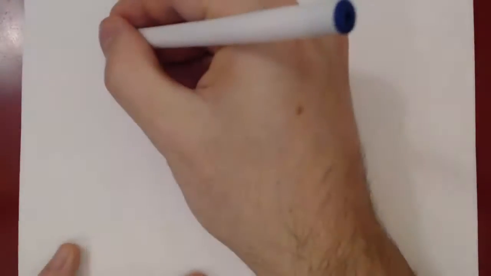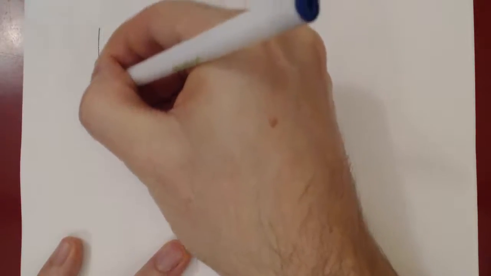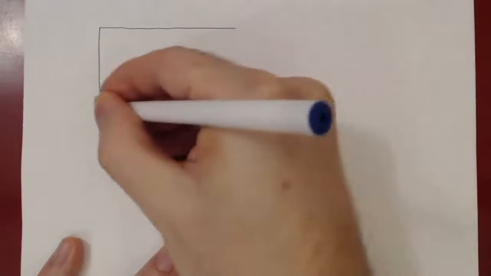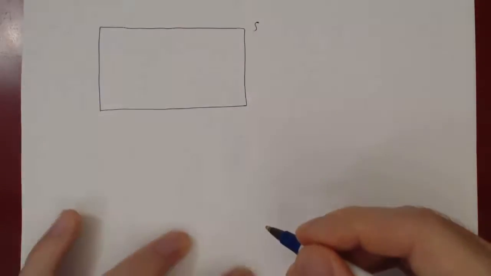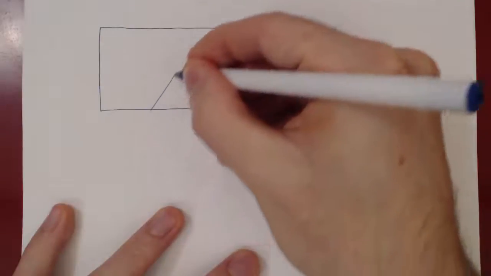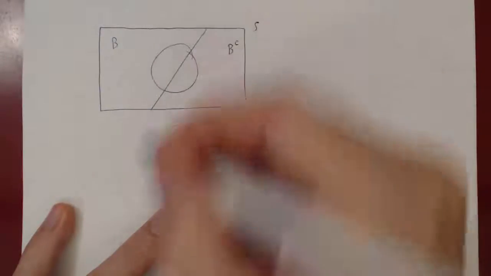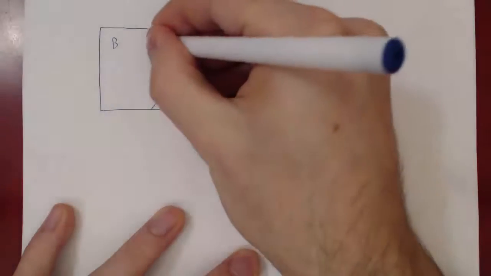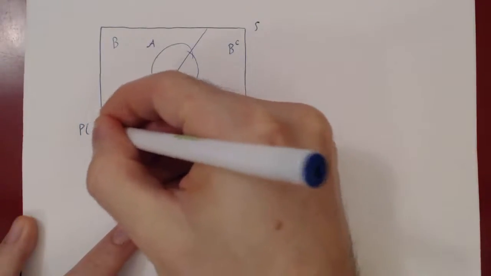So look at this Venn diagram, and remember the partition theorem. Suppose you have two events, event B and its complement, so everything else. And consider event A. Then let's ask, how can we find the probability of A?